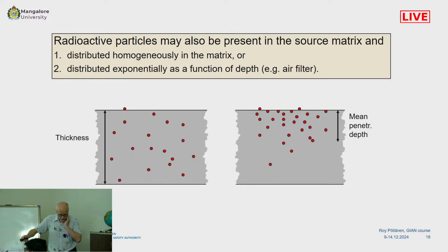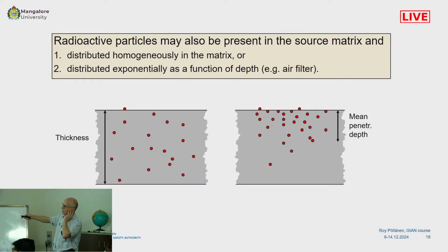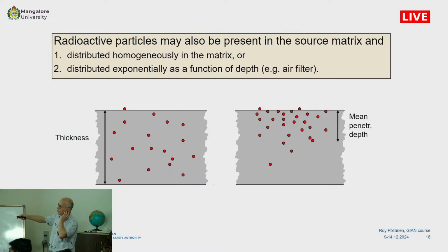So this is an example how particles may penetrate in the filter. So in a homogeneous case, radionuclides are these, and they are more or less homogeneously distributed. In case of filters, most nuclides are quite close to the filter surface.